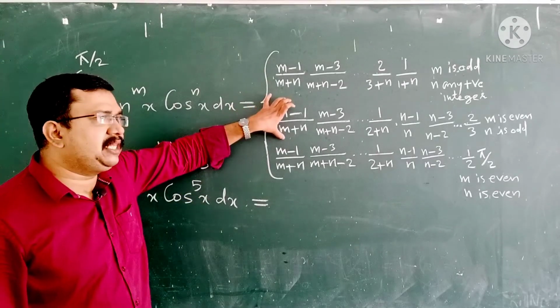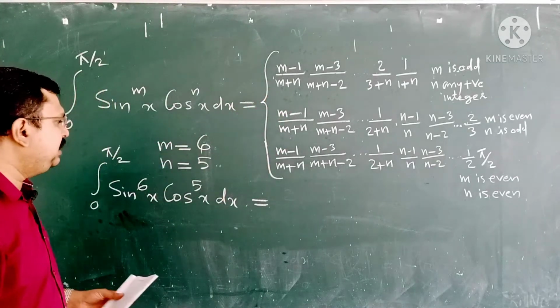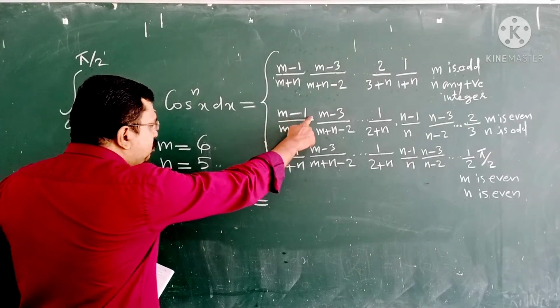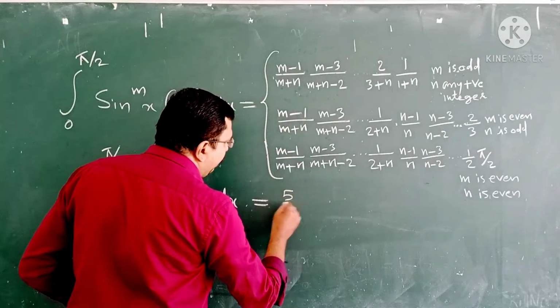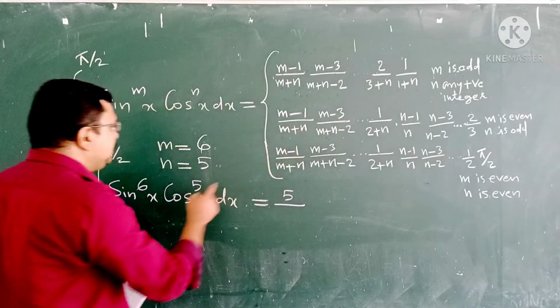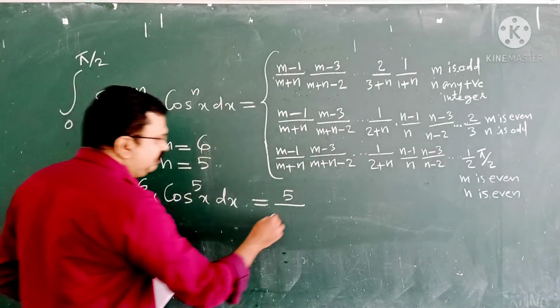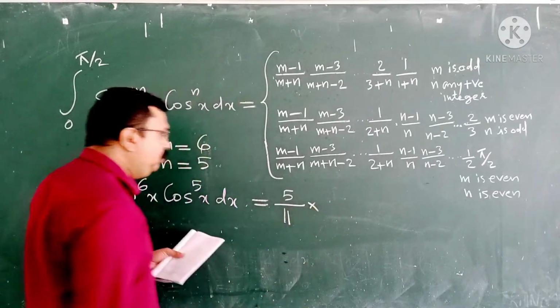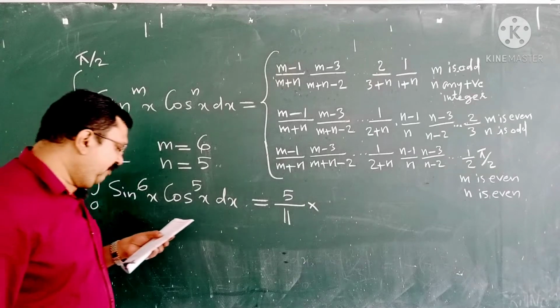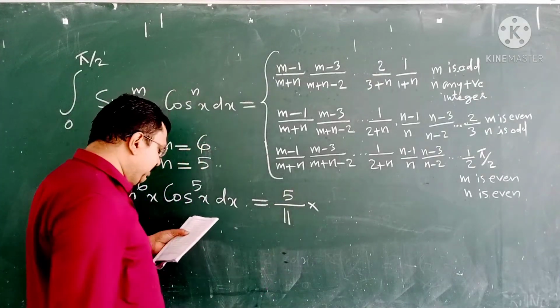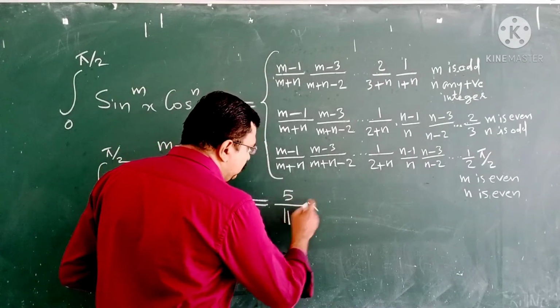Therefore we may take the second case. The answer is m minus 1. m is 6, 6 minus 1, 5 divided by m plus n, 6 plus 5, 11 into, we may subtract 2 from numerator and denominator, then we will get 5 minus 2, 3.